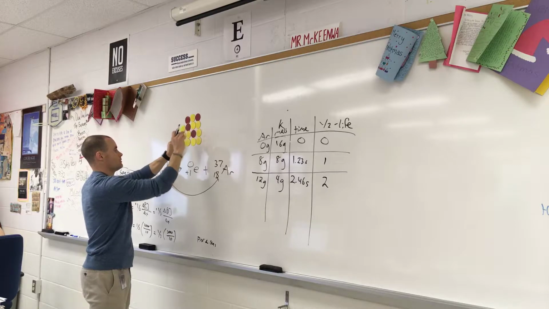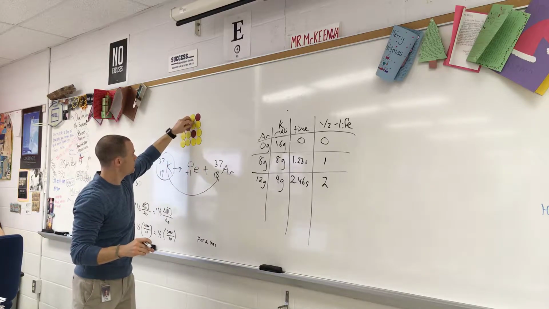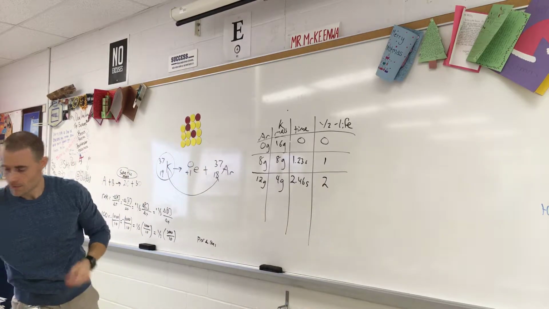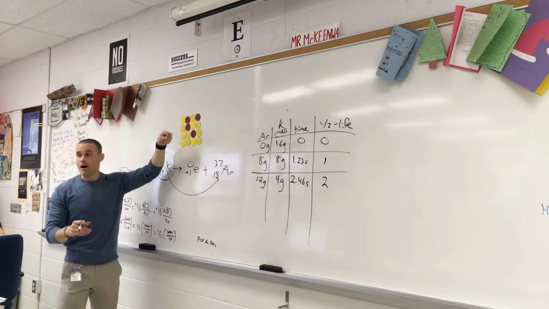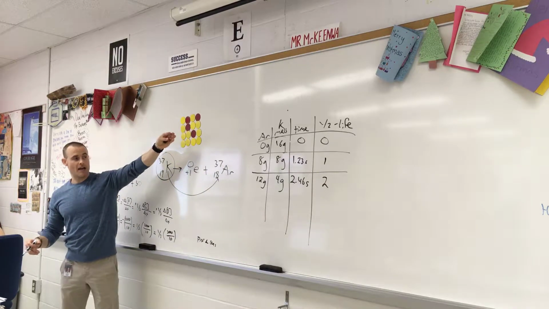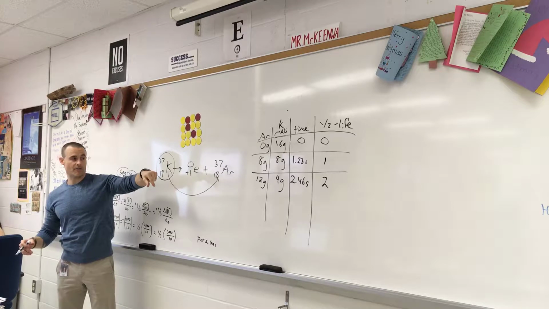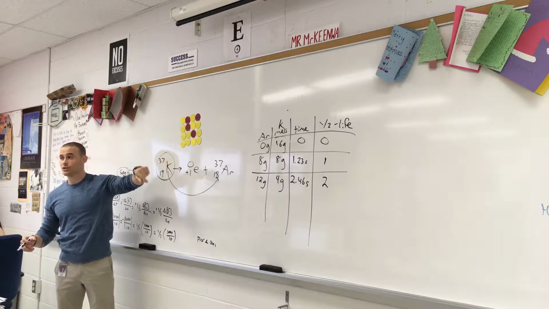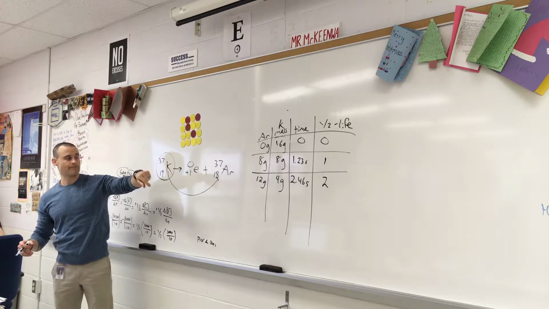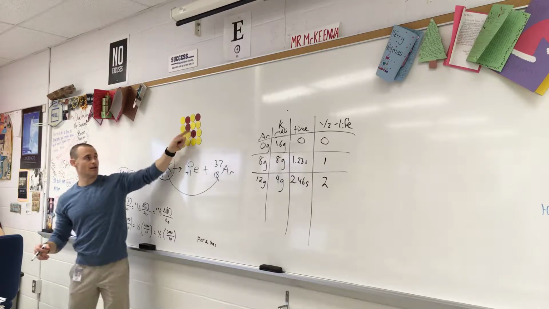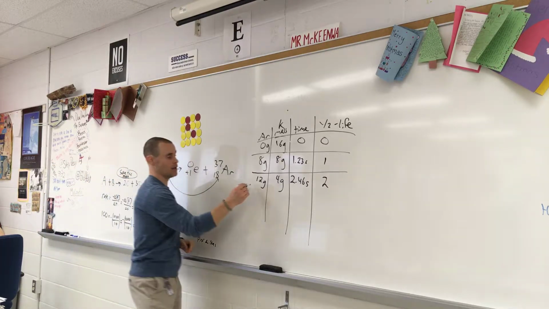Okay, so as you can see, the mass of K is decreasing by half every time, but the mass of argon is increasing. Okay? So eventually, all these reds are going to turn into yellow.